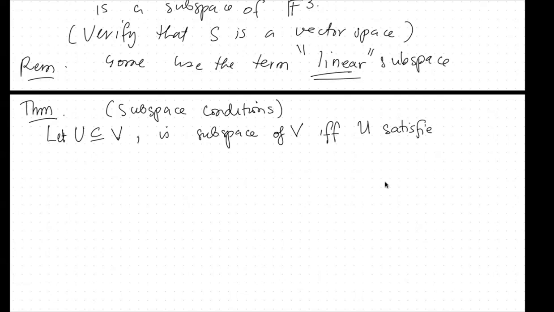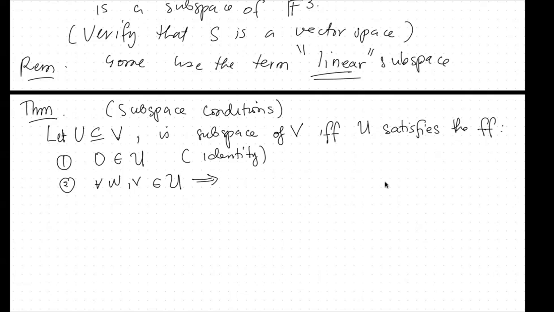U satisfies the following. There are three. So first is that the identity with respect to vector addition is in U. So we have identity. And then for all u and v in U, we get the sum u plus v is also in U. So this is called the closure under vector addition.